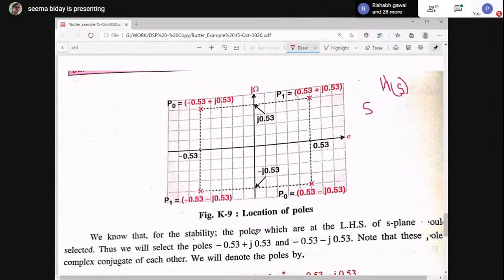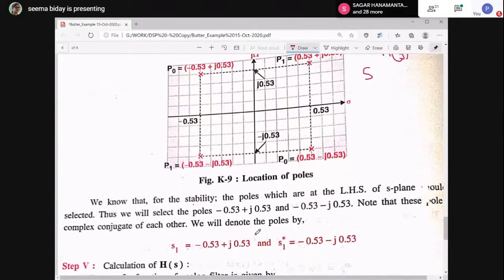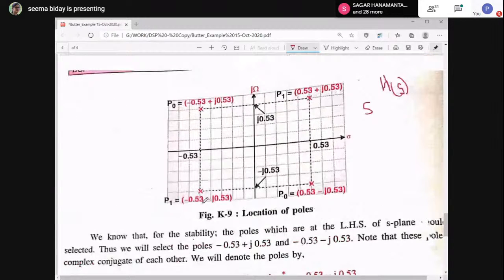Now see, a practical filter should always be a stable filter.